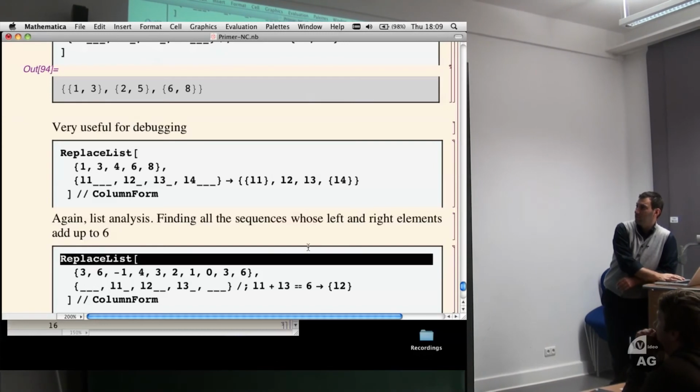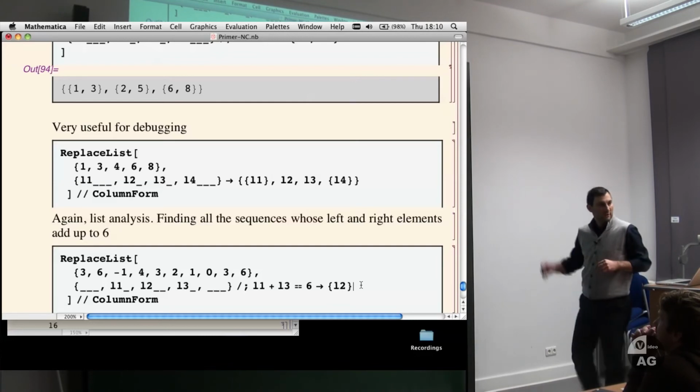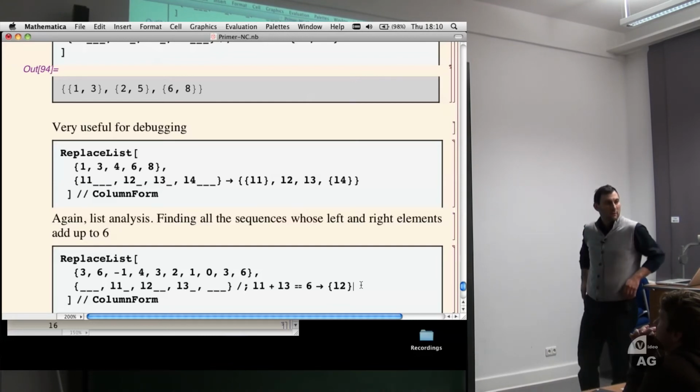Okay, this is the input, and then I say, I want to catch some sequences where L1 and L3 add up to 6. If that is the case, please return L2. Are you happy with this? Oh, actually I have a better thing to do from the beginning.